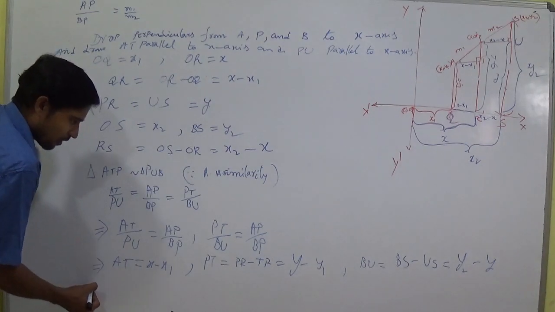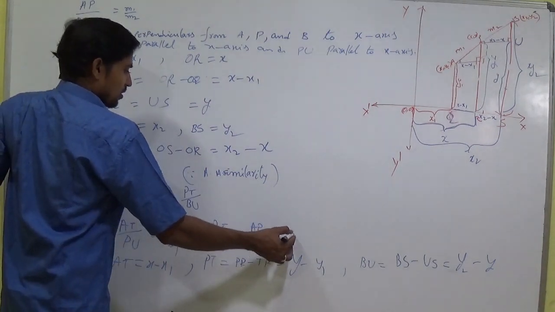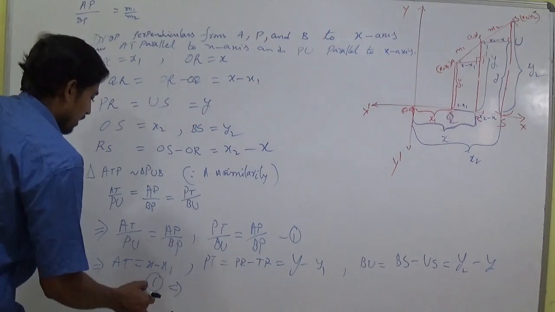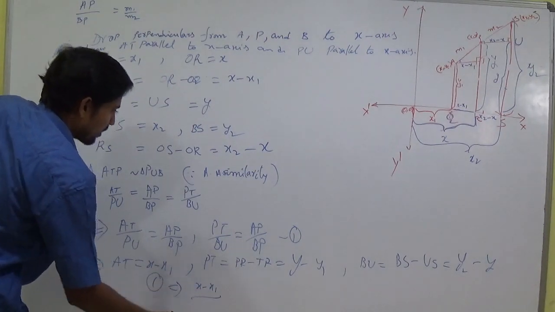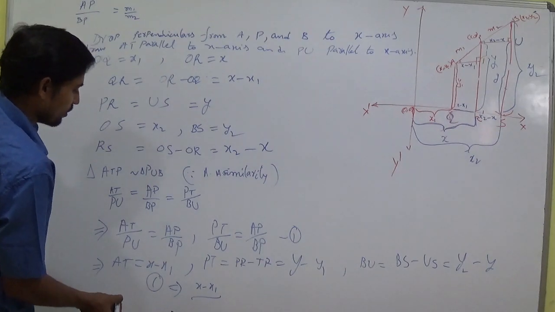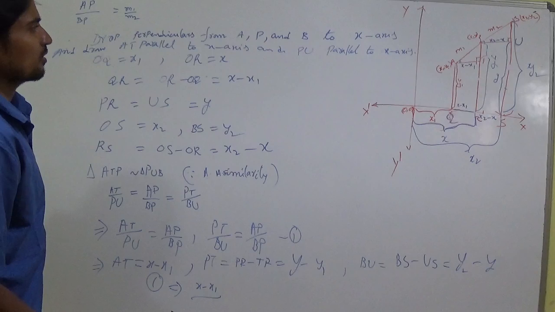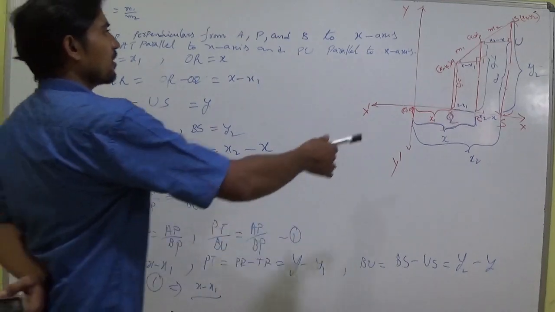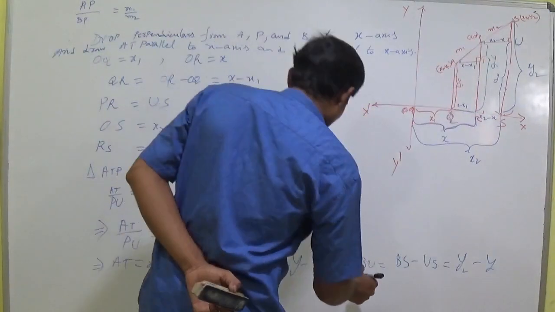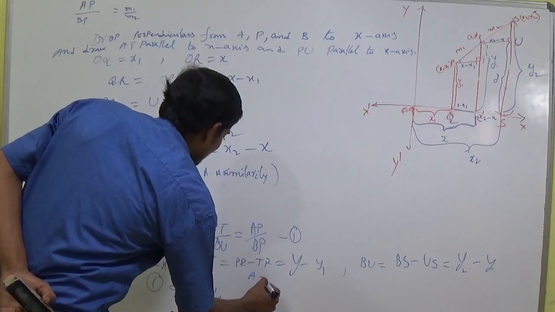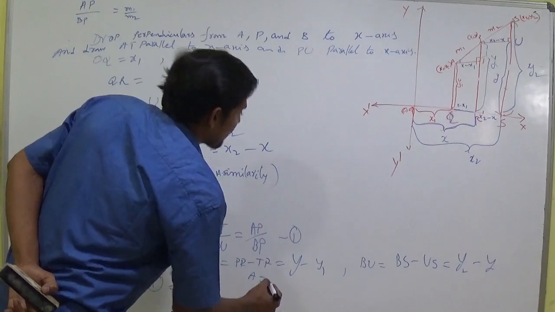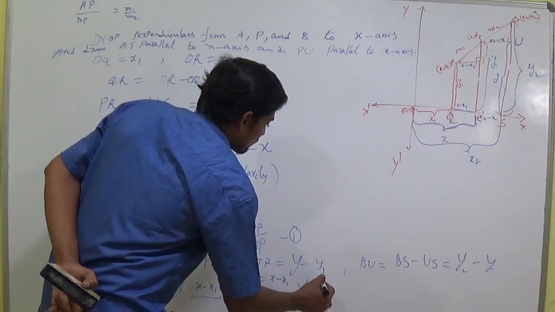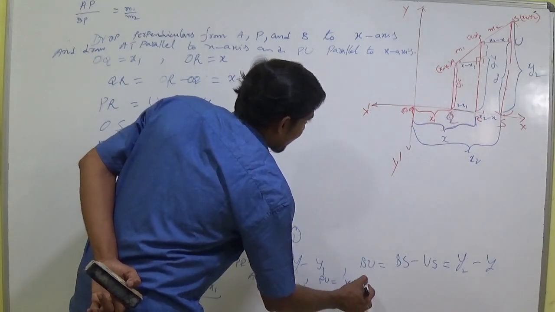Right? Substitute the values in the above equation. AT by PU, AT is x minus x1, PU is x2 minus x.